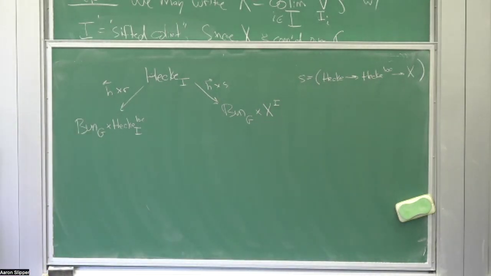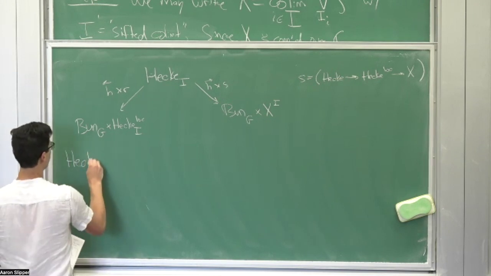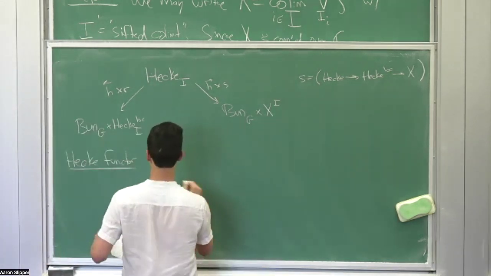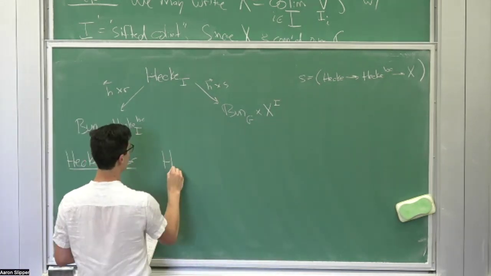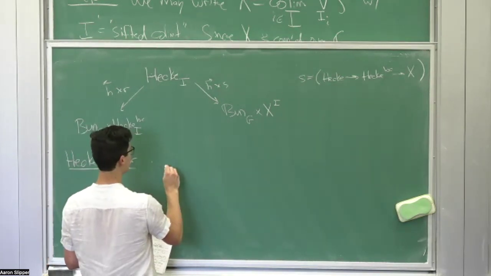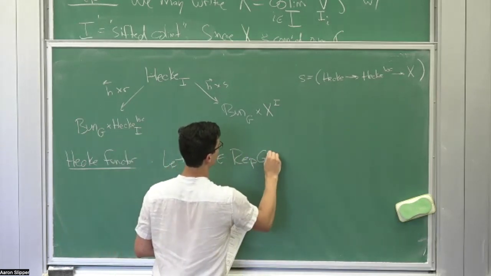And now we can conclude. So we call this the Hecke functor. It's a map which is defined for any representation. So let V be a representation of Rep G check.